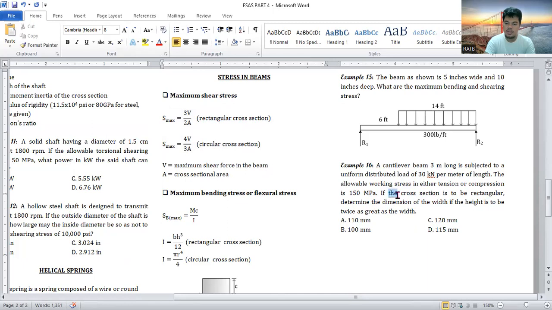We are asked to determine the dimension of the width. So basically, we're given S max, and we are asked to obtain the width. So anyway, we need to draw the shear and the moment diagram of the beam.